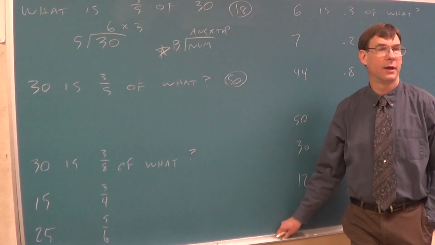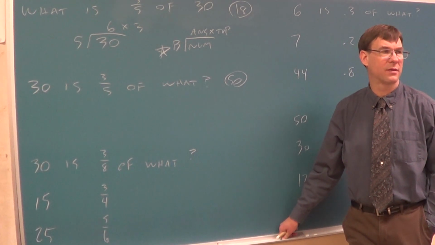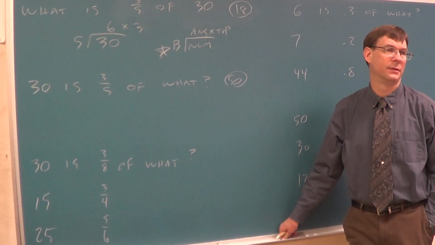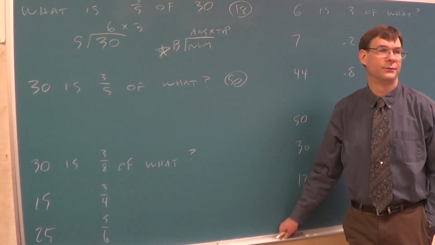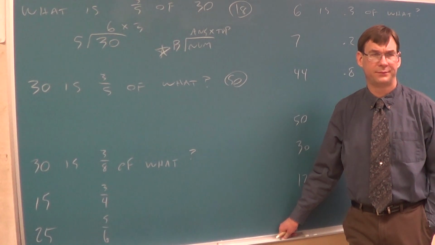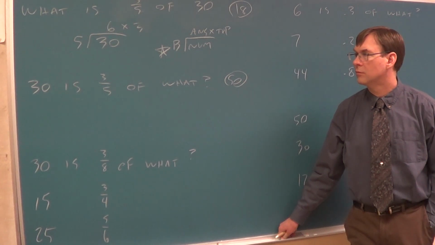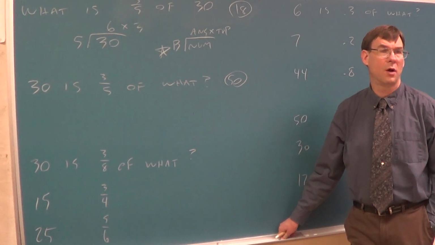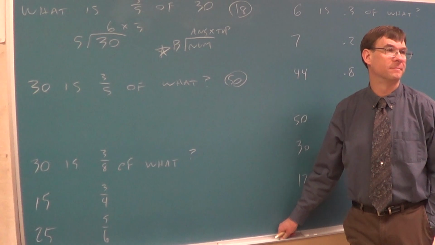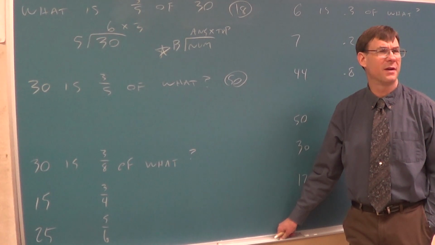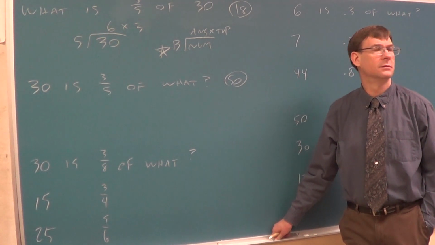Anybody else have a different path to somehow get to that 50? Wait. I think I did it wrong. Never mind. Okay, it's fine. Anybody figure out a path to get to the 50?